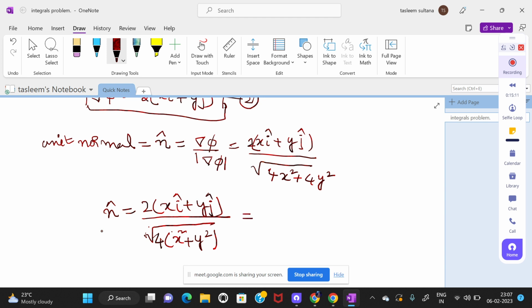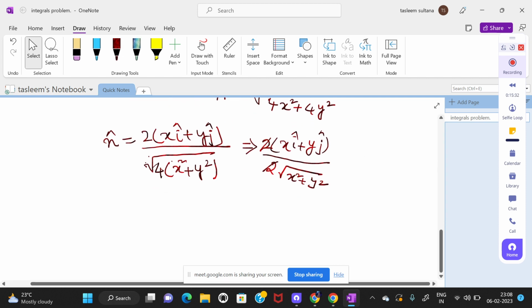So root 4 is equal to how much? 2. Divided by 2 under root of x square plus y square, where the 2 and 2 will get cancelled.